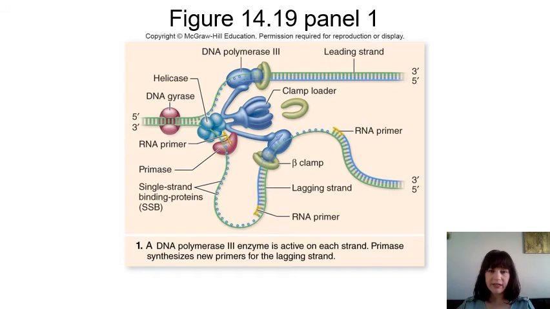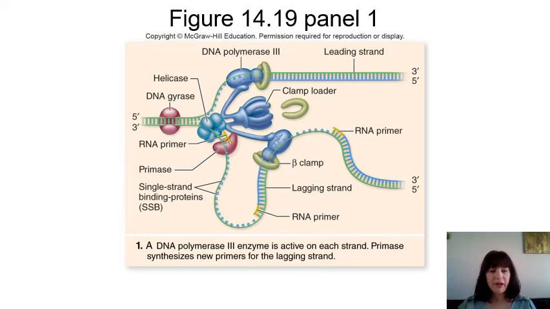And so for both the leading and the lagging strand, the polymerases first need to identify where to copy the DNA by finding an RNA primer. And this RNA primer is put down by a primase. The DNA has previously been separated by a helicase enzyme, and single-stranded binding proteins are going to help keep the duplex apart.